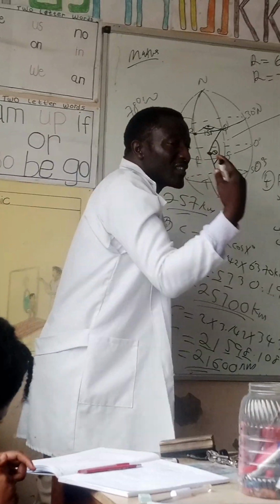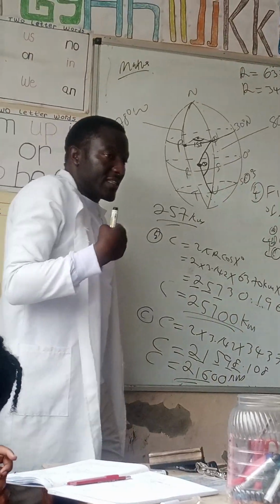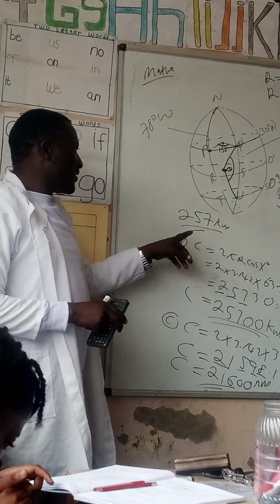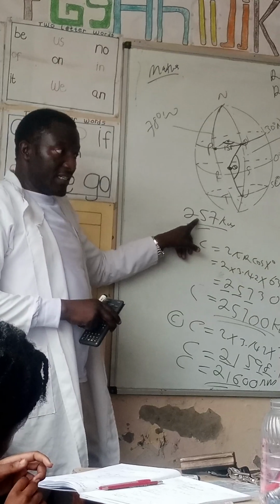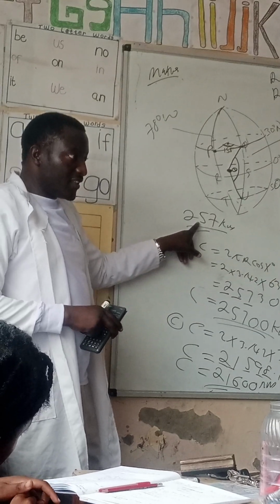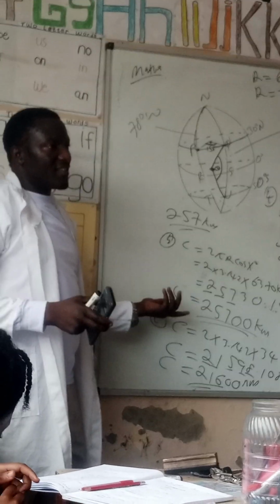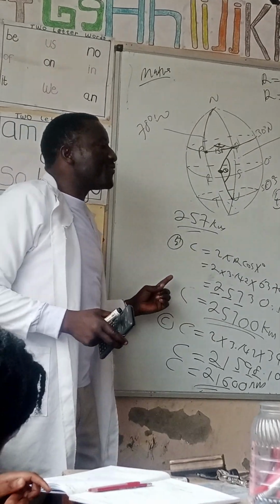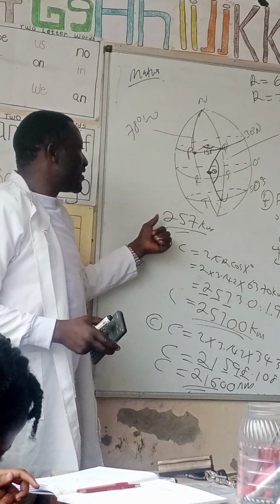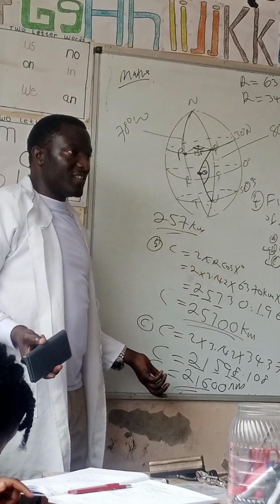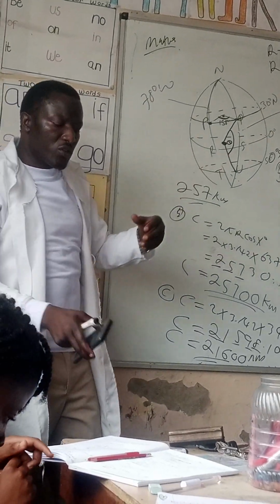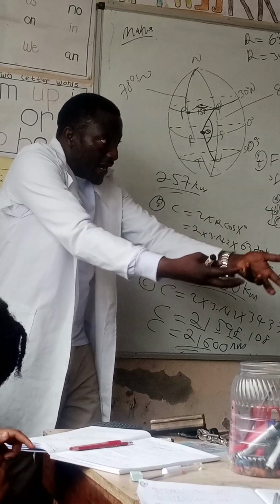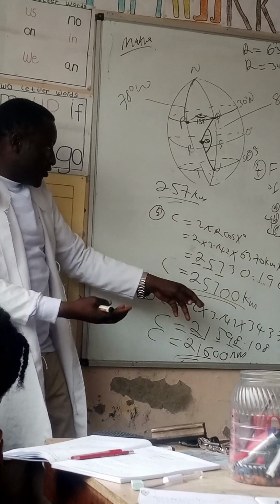That's how the distance is when you go around the circle at 50 degrees. And then now you write your answer. Can you read this? 257 kilometers. You see that we've changed the distance. Here it is 25,000. Here it is 257. So that's why we add zeros, so that you don't change the reading of the distance.